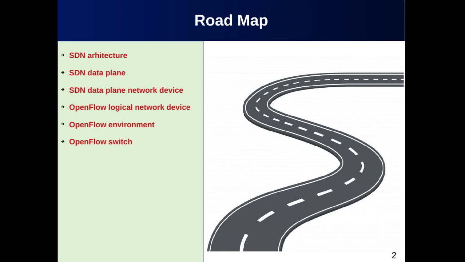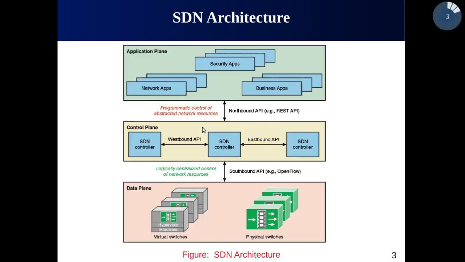First, we will see what OpenFlow is, which is like a logical network device, its environment, and the components inside this OpenFlow switch, which are normally in the form of tables. So let us start with the SDN architecture.